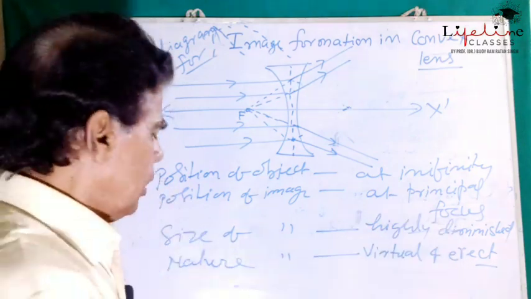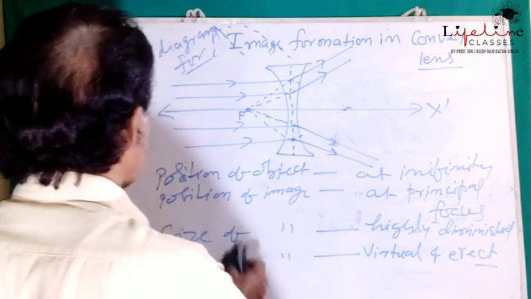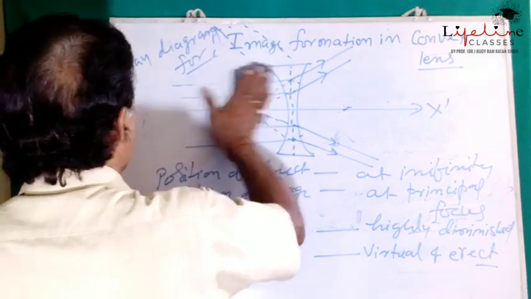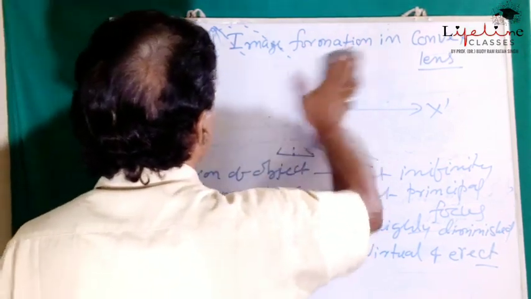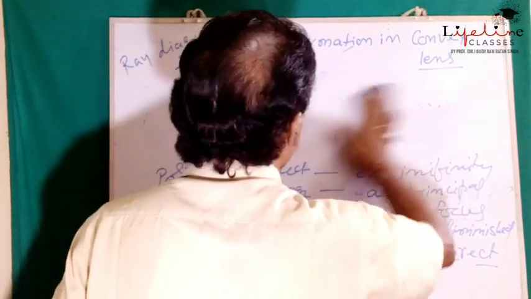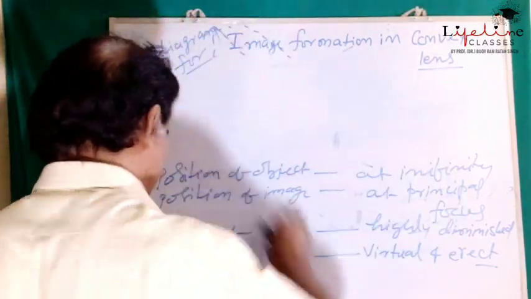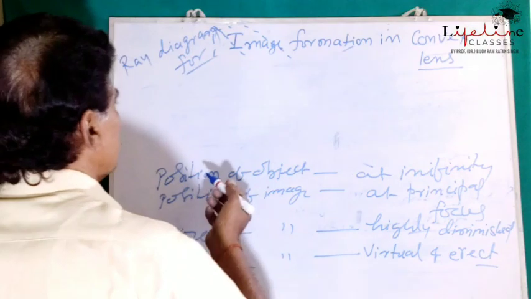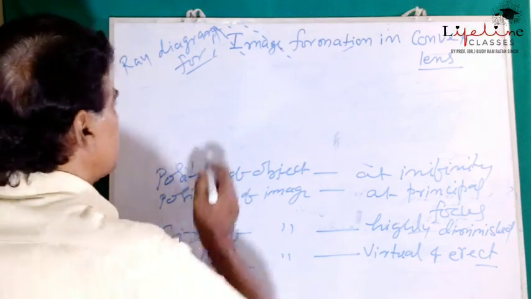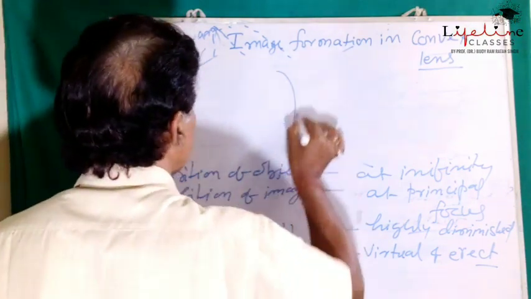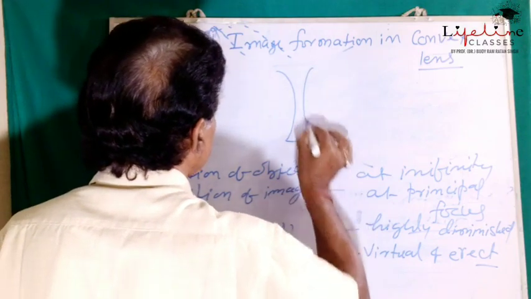So let us come to the second situation, when object is placed anywhere beyond the optical center of the concave lens.